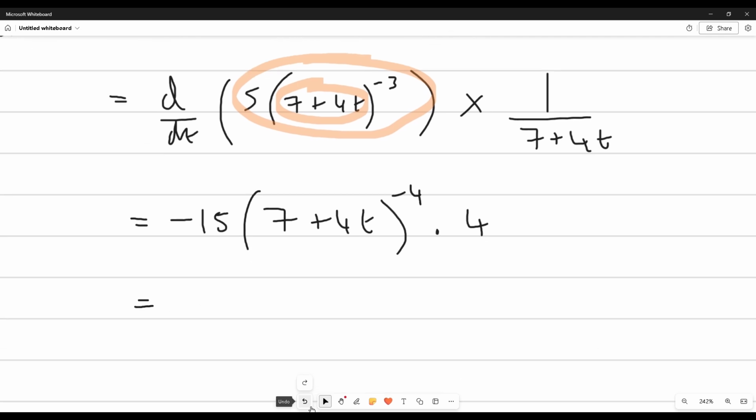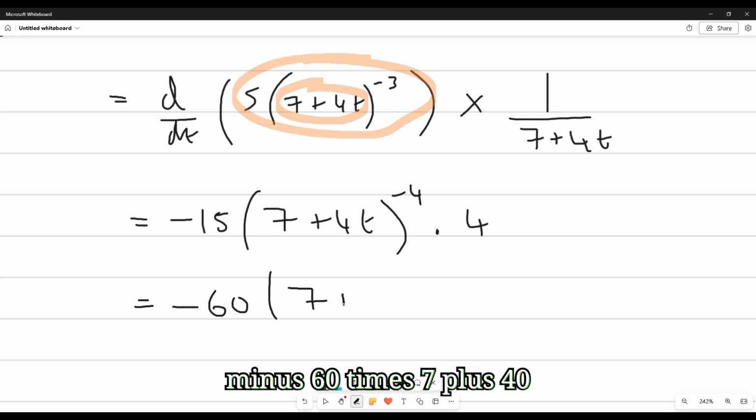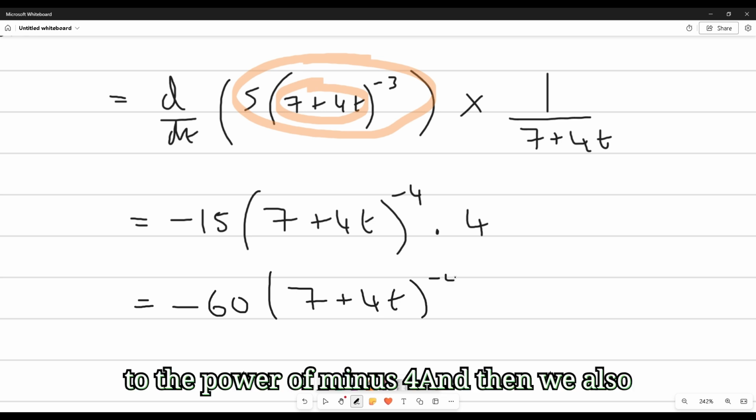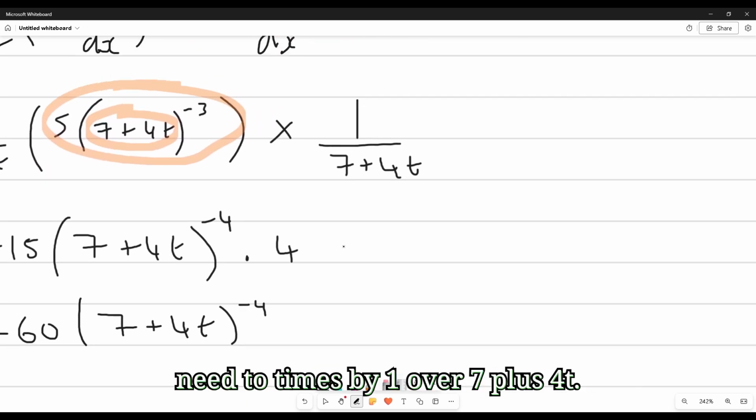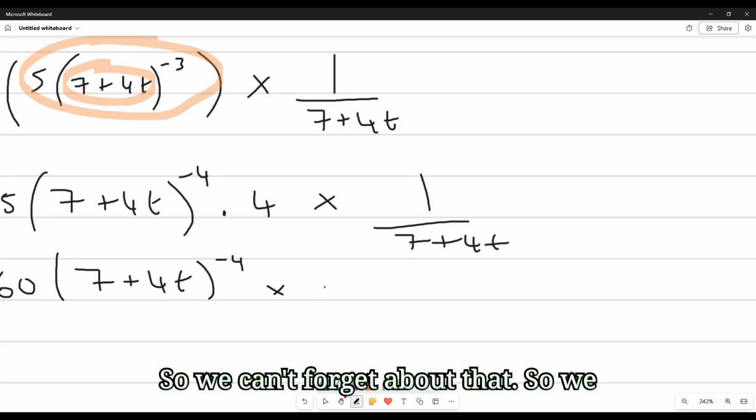So we've got minus 60 times 7 plus 4t to the power of minus 4. And then we also need to multiply by 1 over 7 plus 4t, so we can't forget about that.